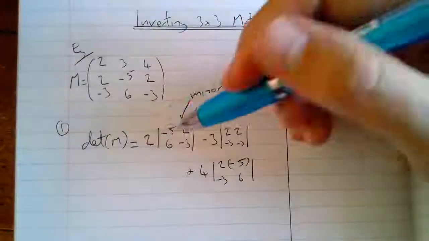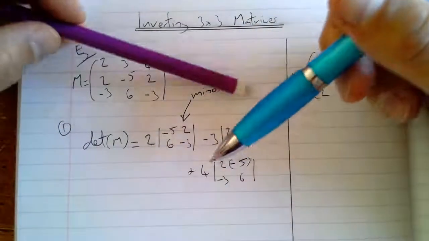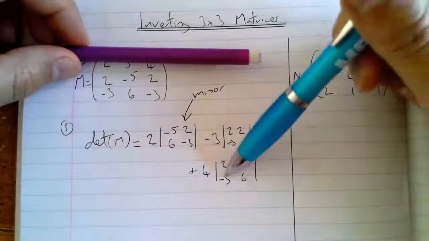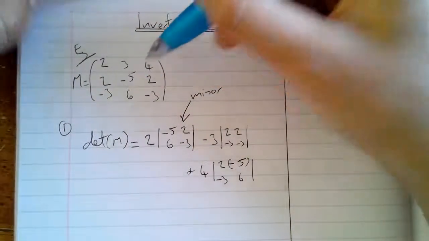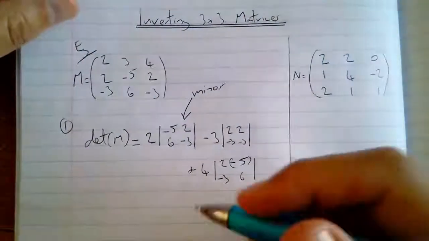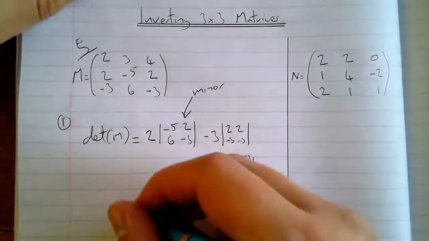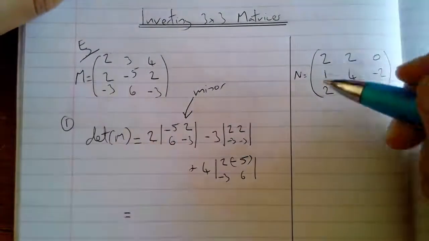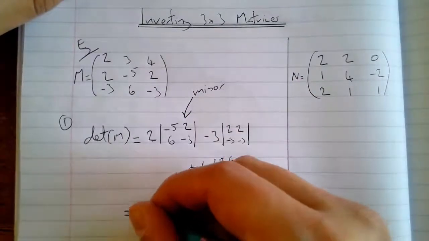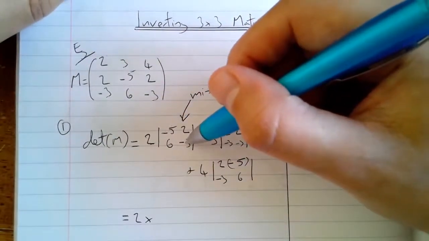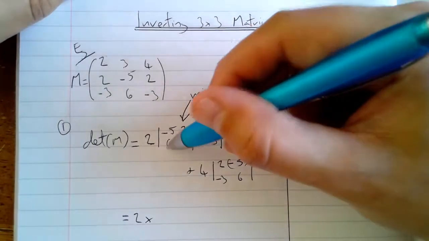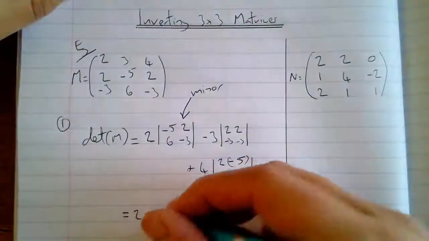Okay, so just to make sure we're aware, for that last one here, this thing here is the minor for this entry. This is the minor for this entry, and that's going to be useful in a second, the fact that I keep mentioning that. So if I calculate all of these, I've got 2 times minus 5 times minus 3 is 15. Take away 2 times 6 is 3.